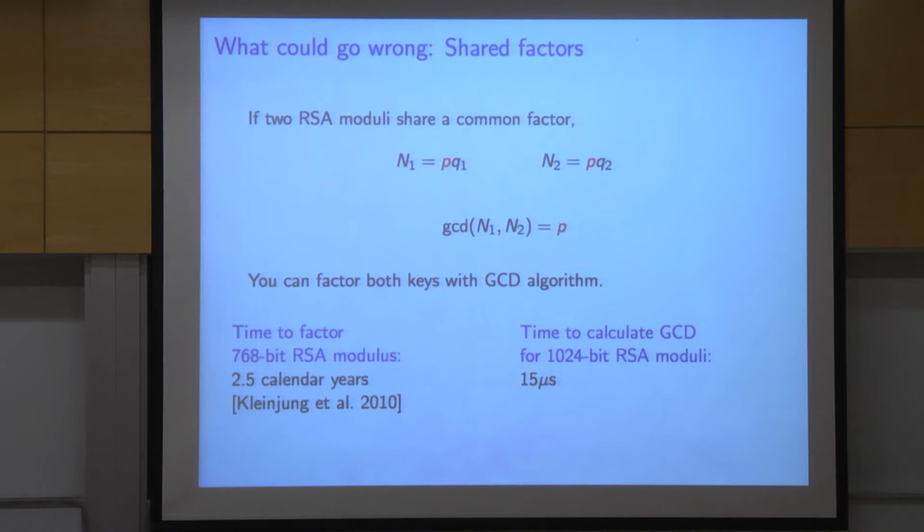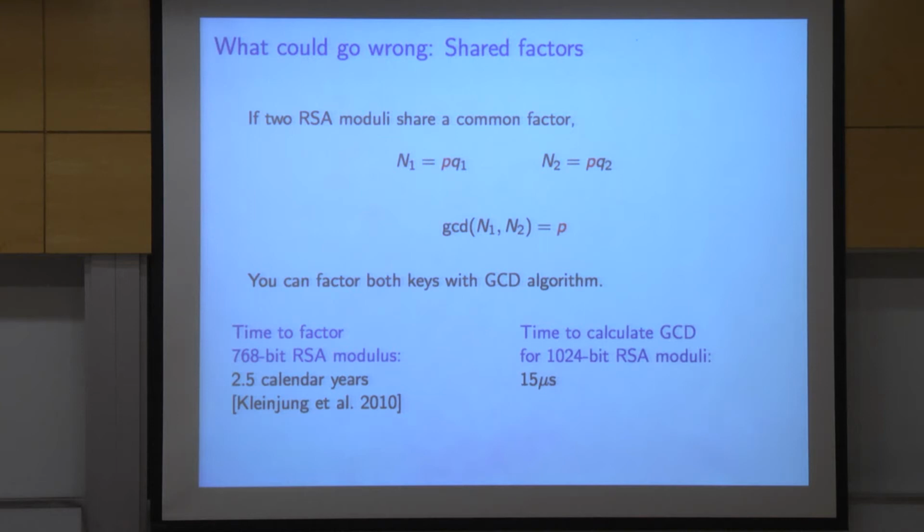The reason that this is significant is that from a running time perspective, we saw in the last lecture how much resources it takes to break an RSA key just outright if you want to factor the hard way. The current record is a 768-bit RSA modulus that took 2.5 calendar years from a bunch of academics running supercomputers.